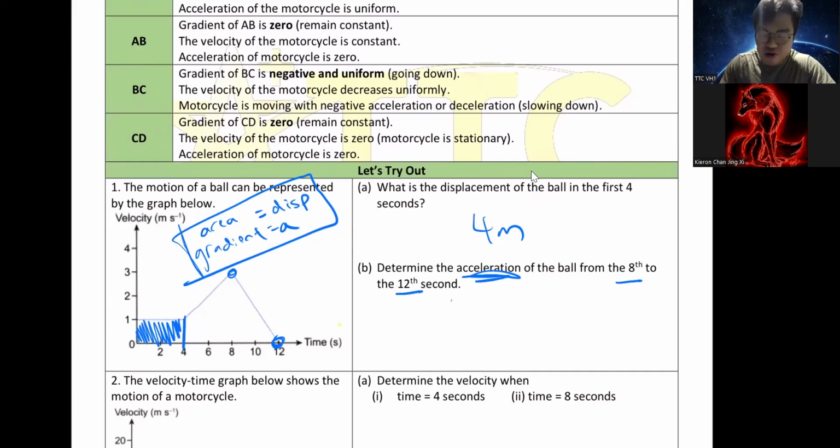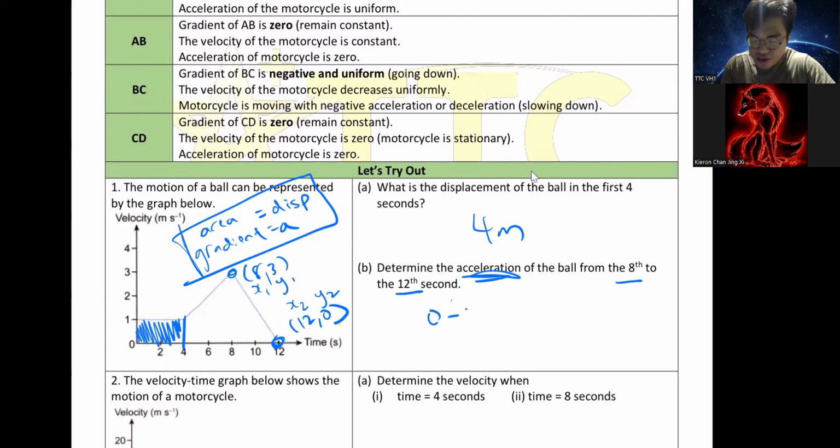Okay, so we write down the coordinates first. This is 8, 3. This is 12, 0. This is okay? So this is x1, y1, x2, y2. Yes, so you just put everything in now.